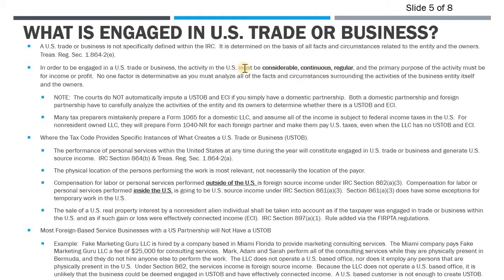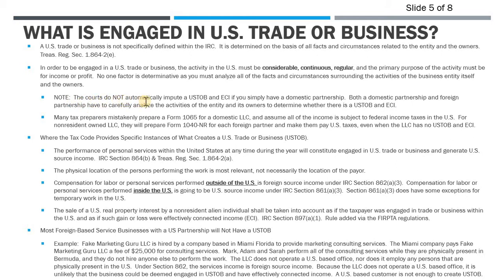The activity in the U.S. must be considerable, continuous, and regular, and the primary purpose must be for income or profit, right? So there's no one factor that tips the scale. You've got to analyze all the facts and circumstances surrounding the activities of the business and what the owners are doing, right?